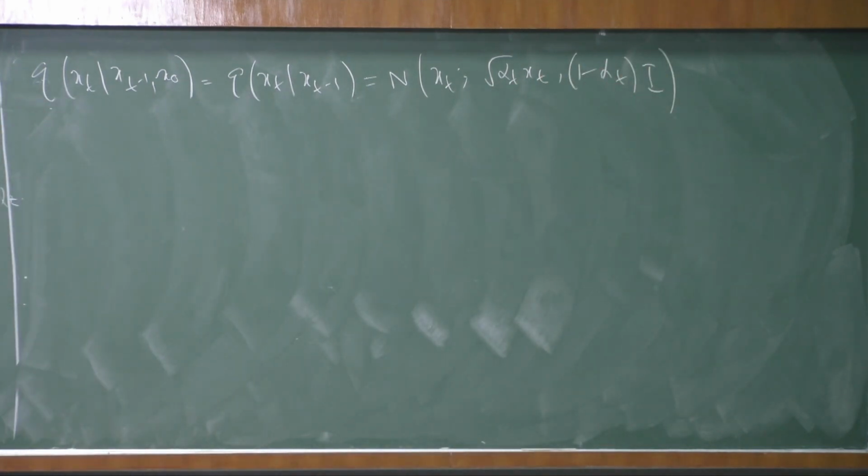This is something we have assumed in the forward process, that it will be a normal distribution, and x_t given x_{t-1} is given with this mean and variance for the normal distribution. So this is something that is known.